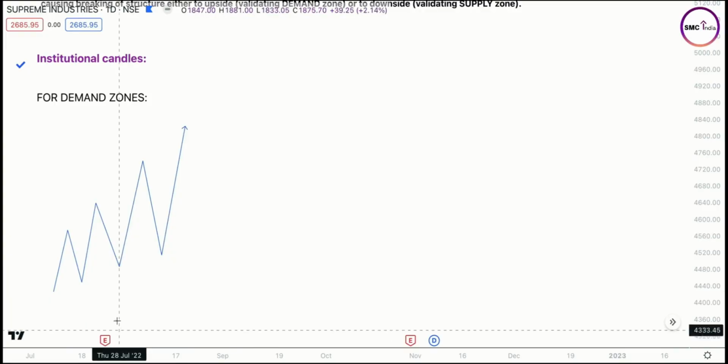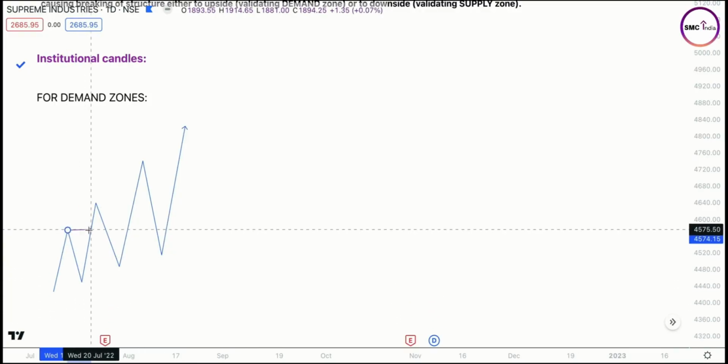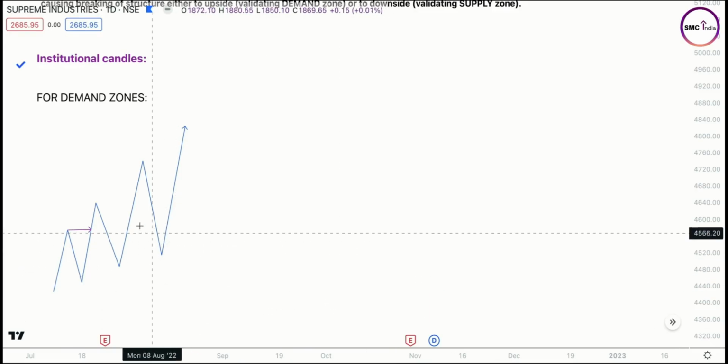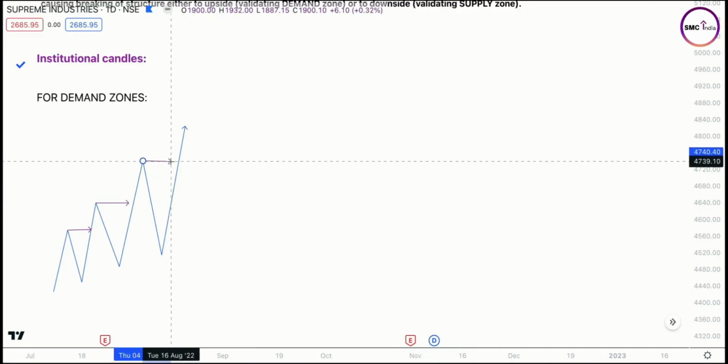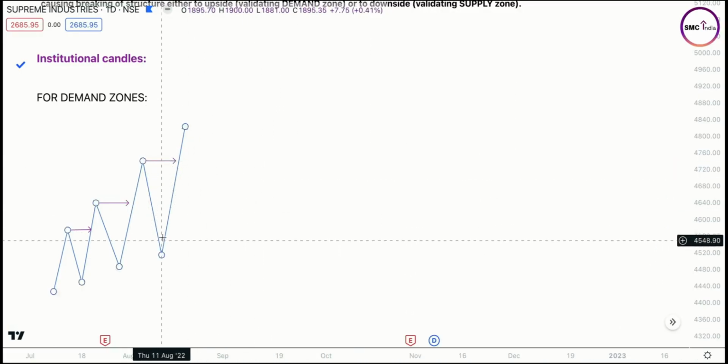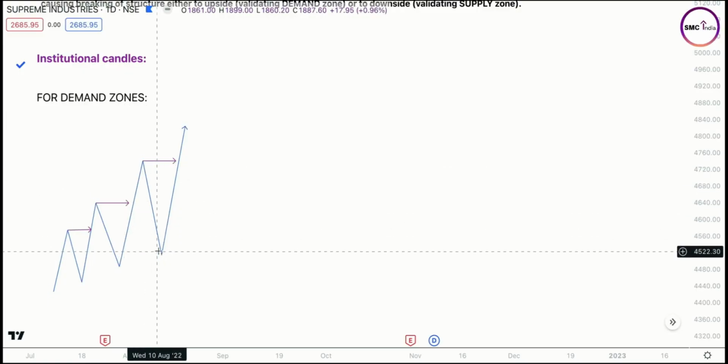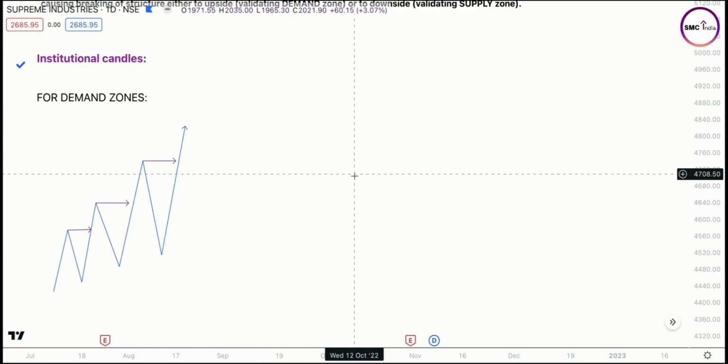So there is simultaneous breakout structure to the upside, validating these demand zones. The price comes back to this demand zone, validating this demand zone, and then shoots up.